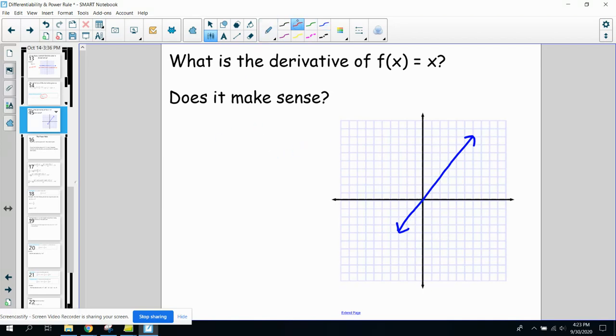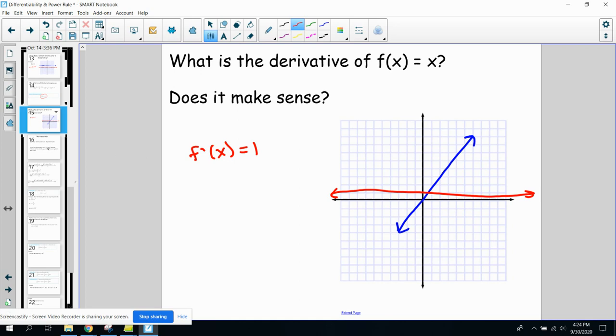So if I were to graph the derivative of this, pretend that's straight. Whoops, it's not straight, but pretend. Okay, that's going to be our derivative because it has a constant slope of 1. So it's above the x-axis because it's positive. So we could say that f prime of x is equal to 1, right? So that kind of makes sense by looking at the graph.